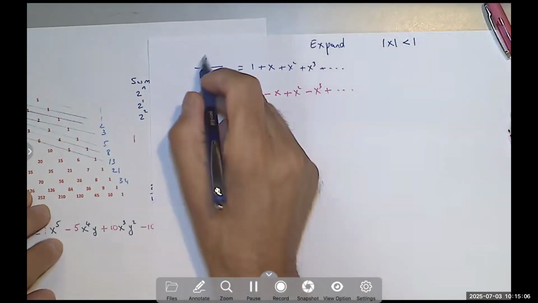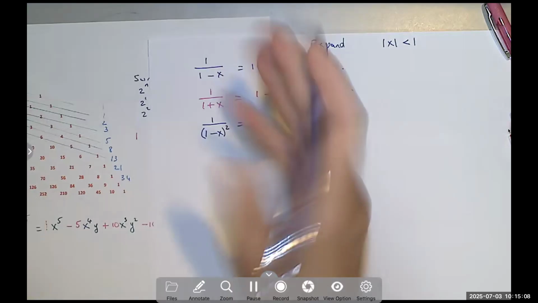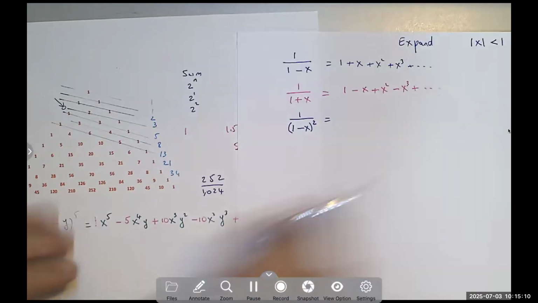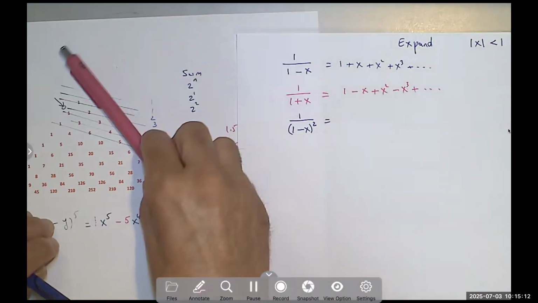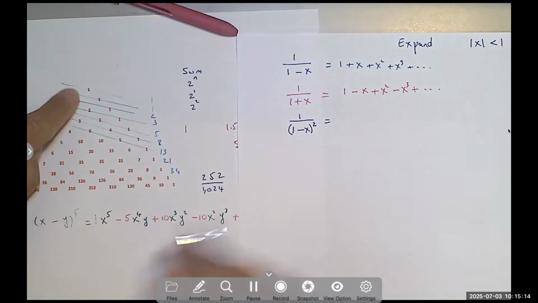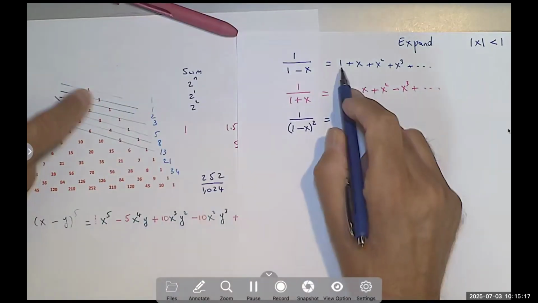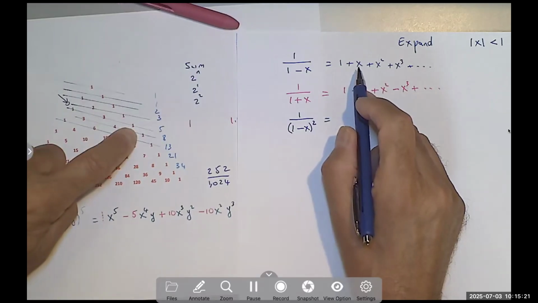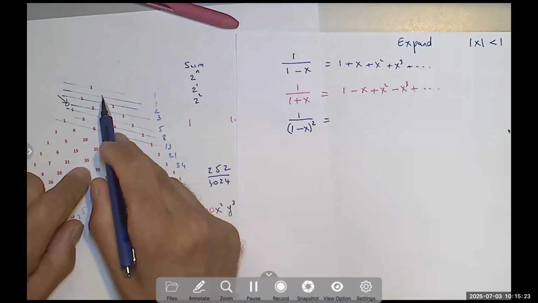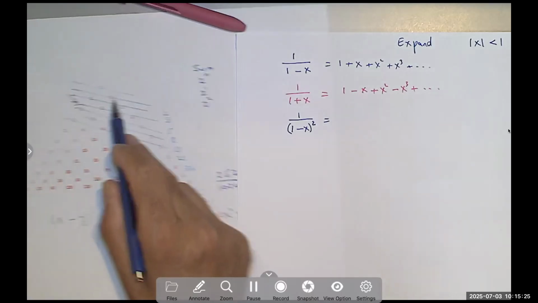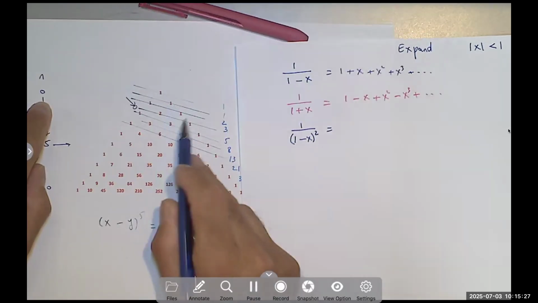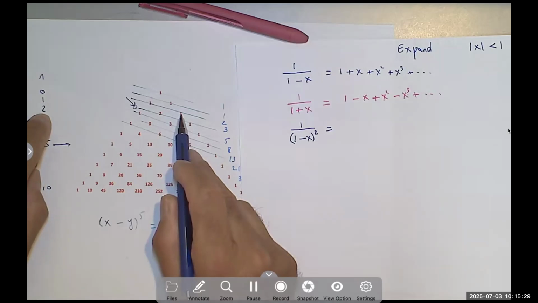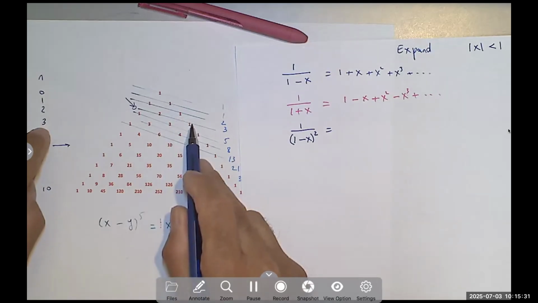When I divided 1 over 1 minus or plus x, I used this diagonal. What do I mean? It means I say 1 plus x plus x squared plus x cubed plus x to the fourth, and so on.